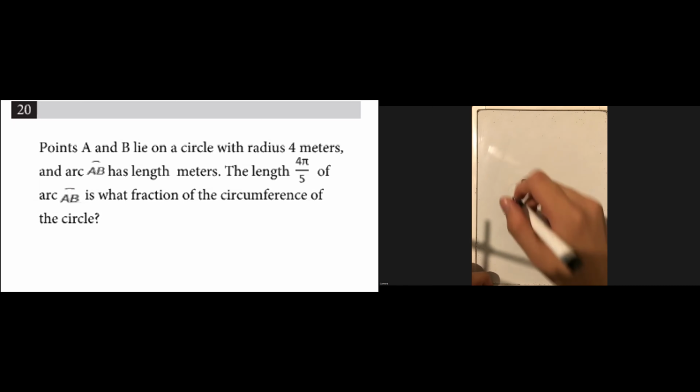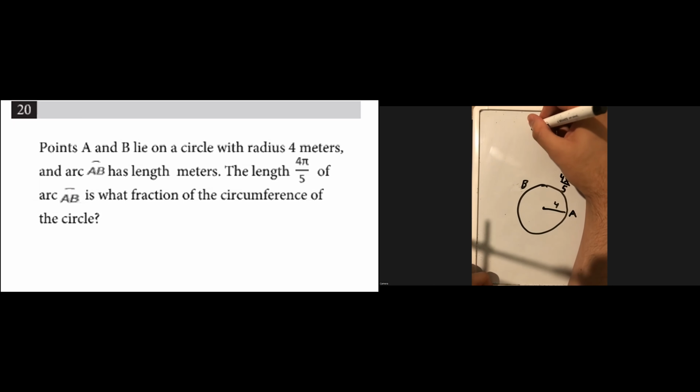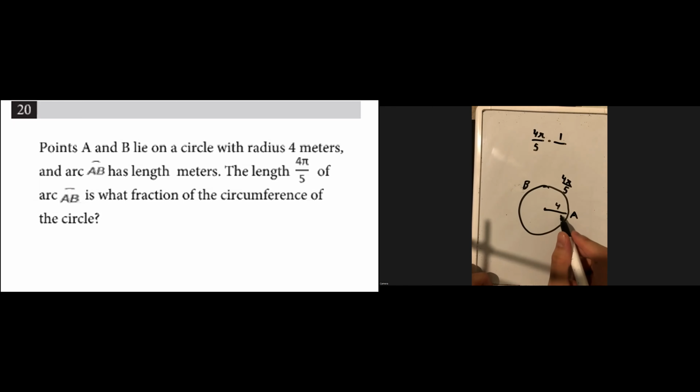it's just an example. And it says the length 4 pi over 5 is what fraction of the circumference of the circle? Well, so we know that between this and this, it's 4 pi over 5. And so the way we would solve this is we'd do 4 pi over 5 times 1 over the circumference, which is just 8 pi.